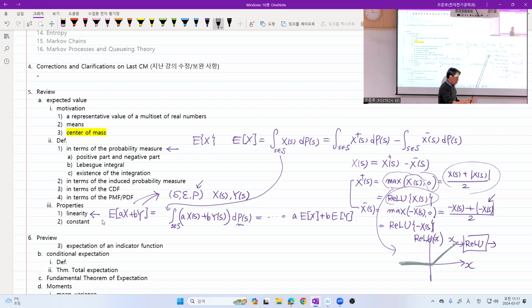You add up, check whether it's finite, both finite, and then subtract, and then you have the integral. This is also actually true for the Riemann integral. So this positive and negative parts idea always applies to the Riemann integration as well as the Lebesgue integration.